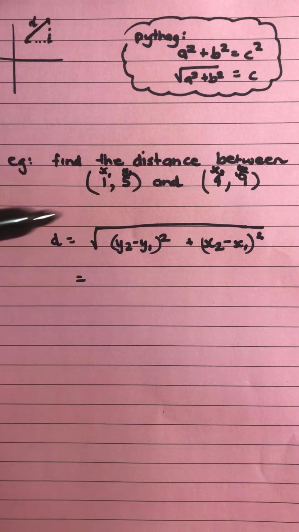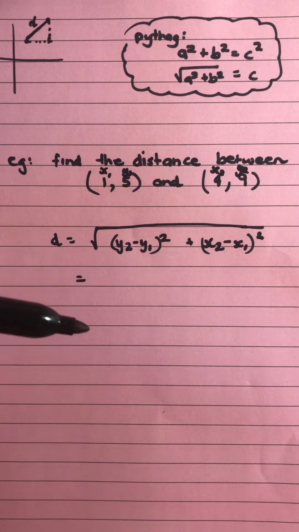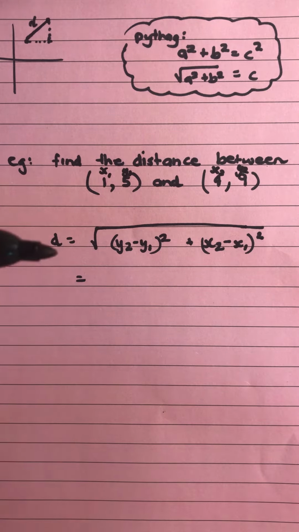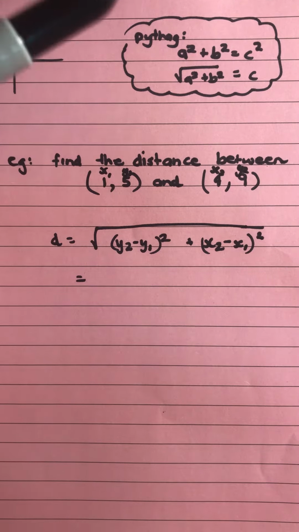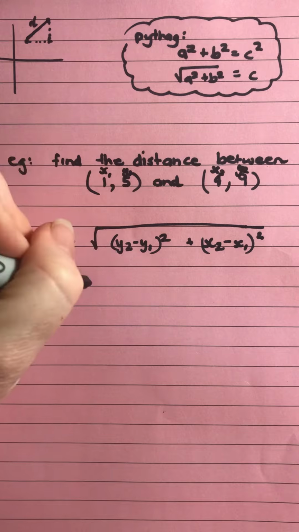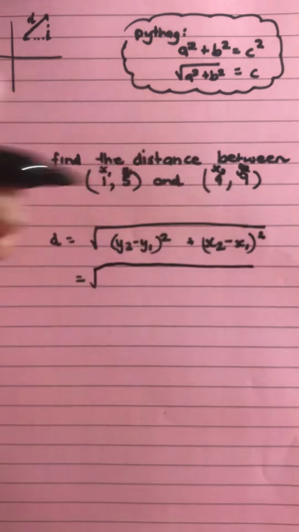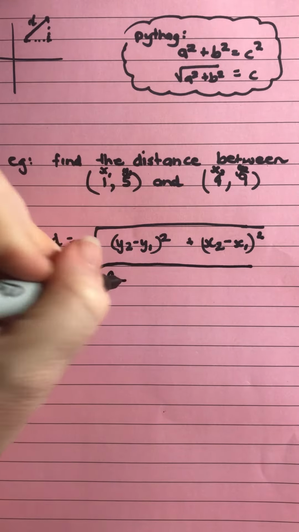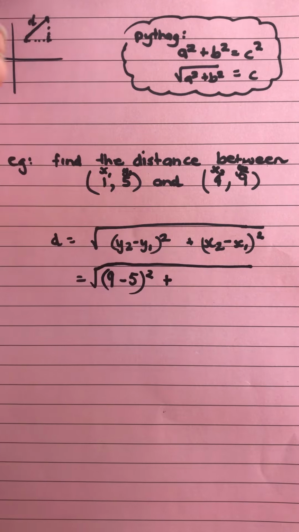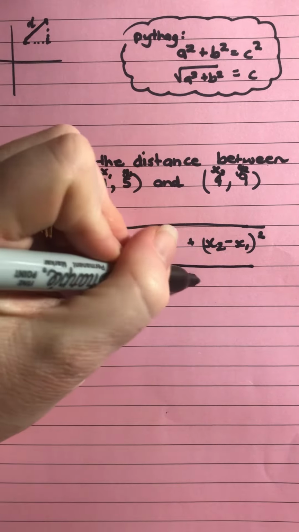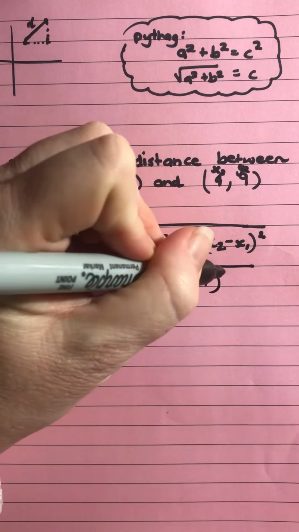Generally you will be given this formula in an exam most of the time now, but if you're not, you'll have to learn it. So I'm going to write my square root sign there. My y2 is 9, take away 5, and I'm going to square that, and add that to my x2, which is 4, take away 1, and I'll square that.